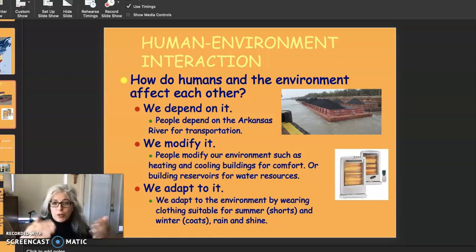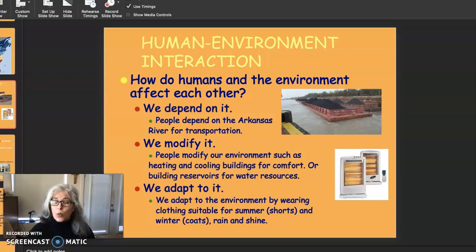So, as you can see from the information on the board, we depend on our environment because of a variety of things that we need in our daily life, such as materials to build shelter, or certain types of soil to grow certain types of crops, irrigation, transportation, like we were talking about in movement in the first video.